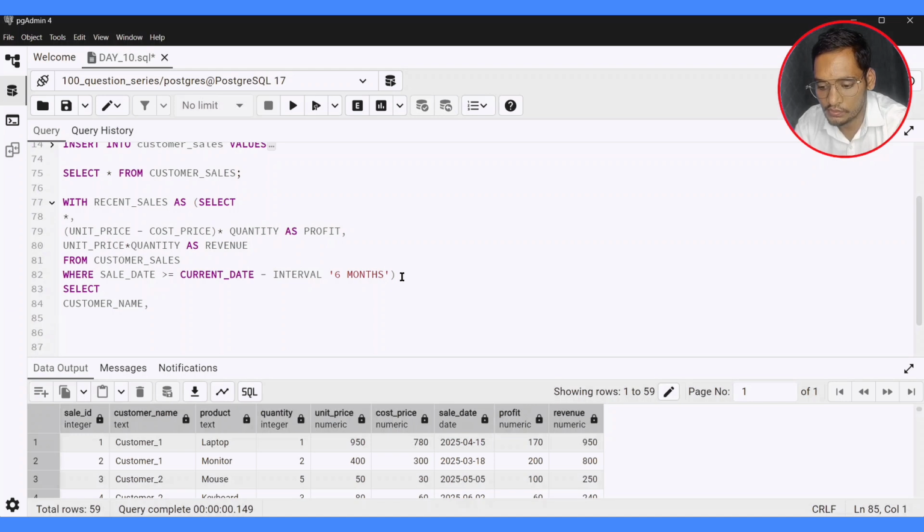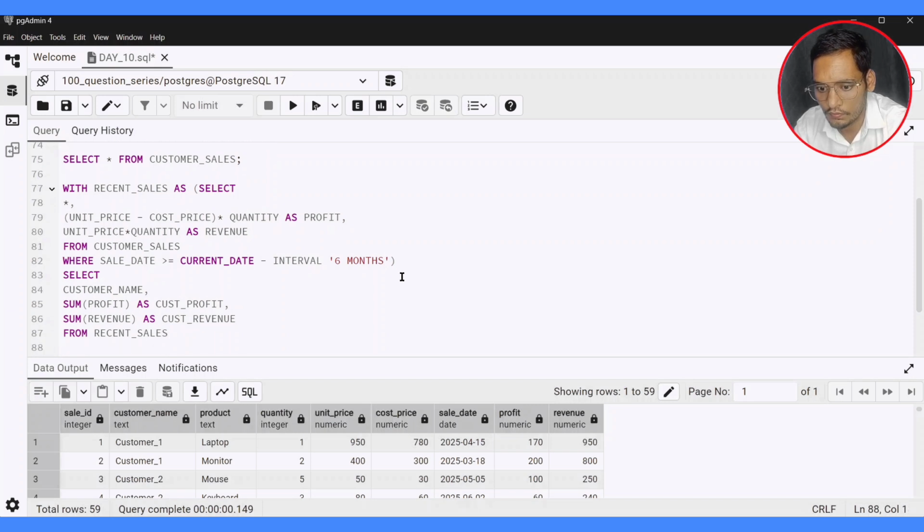and sum of profit as customer profit, and sum of revenue as customer revenue, all from recent sales and grouped by customer name.